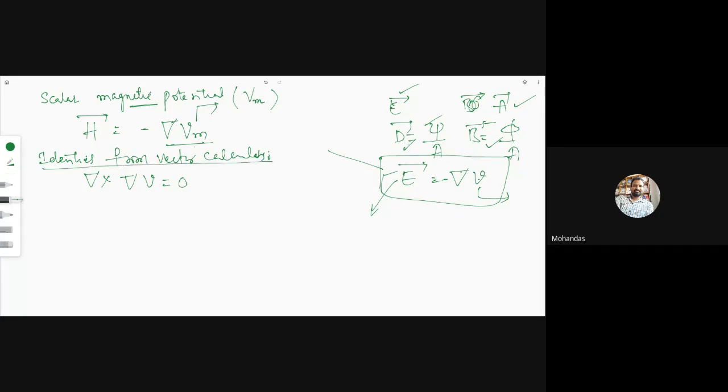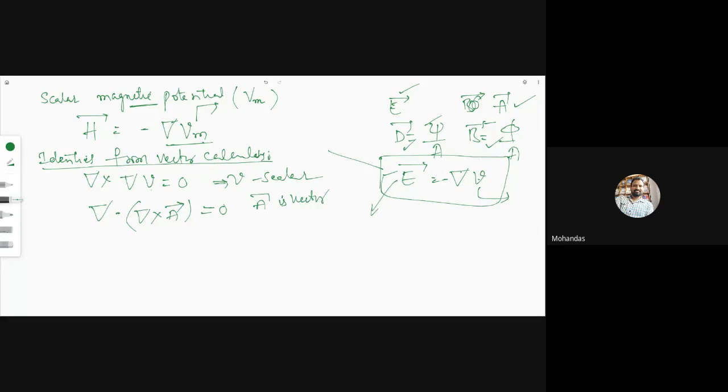Please, regular students, please respond. Del cross del V equal to 0, where V is a scalar. And another identity is divergence of curl of A, where A is a vector, which is equal to 0.